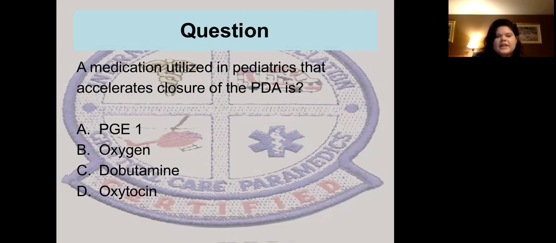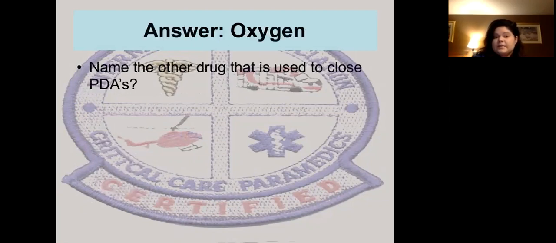All right, what medication would be utilized in pediatrics that accelerates closure of the PDA? And we should all know this one because I said it about 6 times. Oxygen. The other drug that's used to close your PDAs is going to be indomethacin or Indocin.